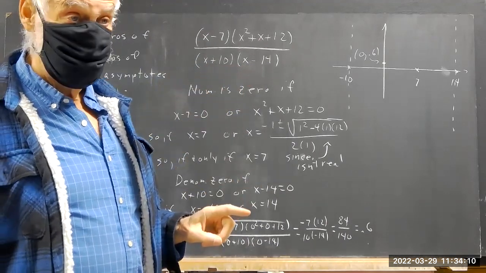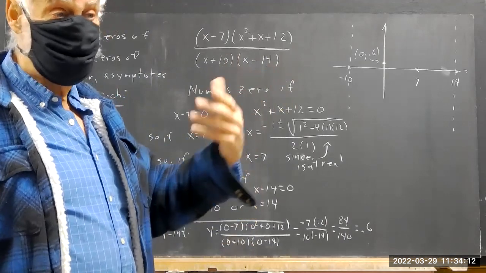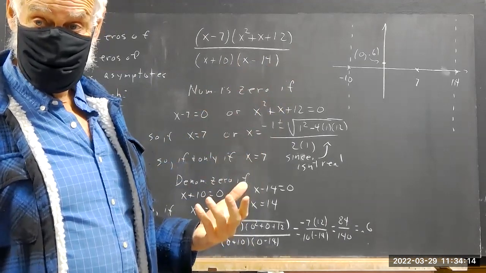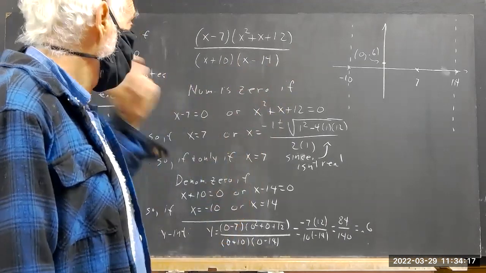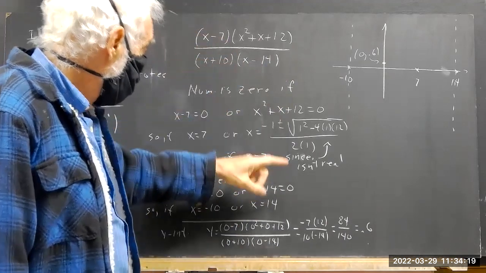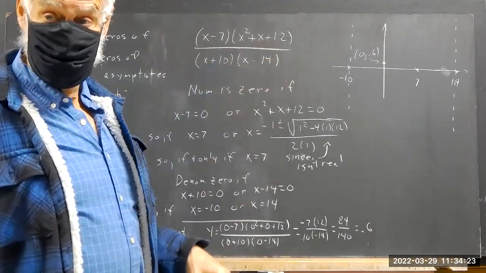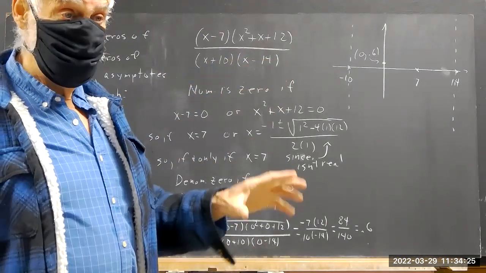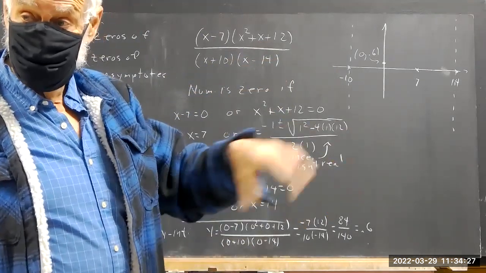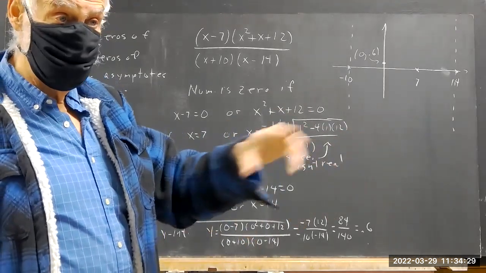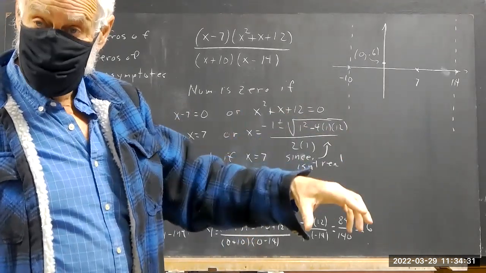X cubed over x squared is like x. So for a big negative number, you're going to have three negatives and a positive. Three negatives give you a negative, when you multiply or divide, it doesn't matter.